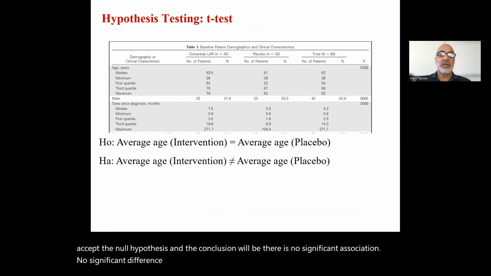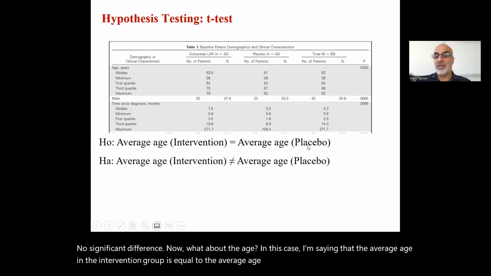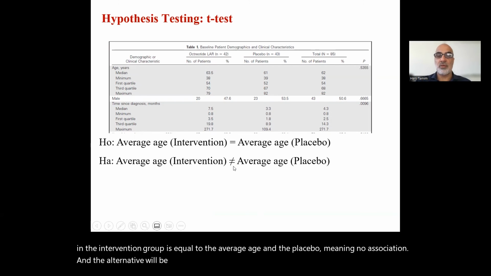Now, what about the age? In this case, the null hypothesis is that the average age in the intervention group is equal to the average age in the placebo, meaning no association. The alternative is that they are not equal to each other. Which test do we use to calculate the p-value?